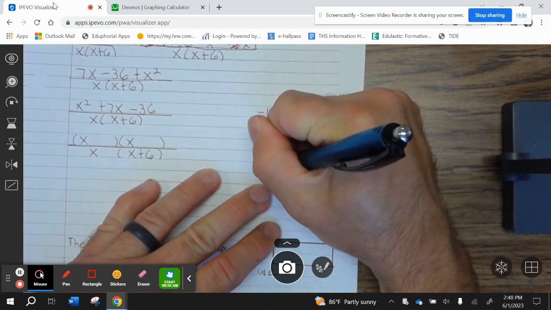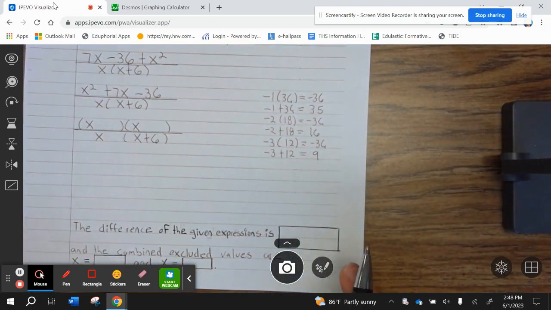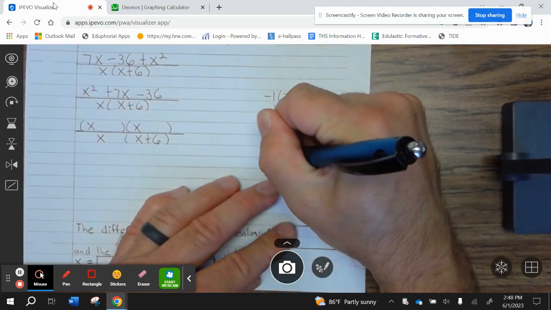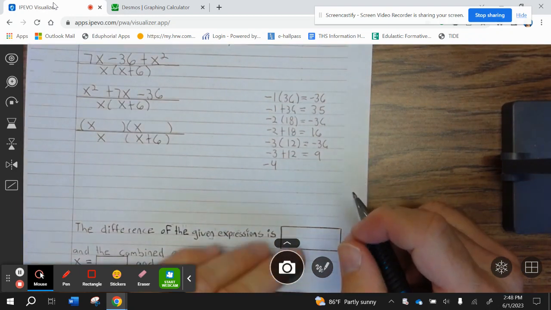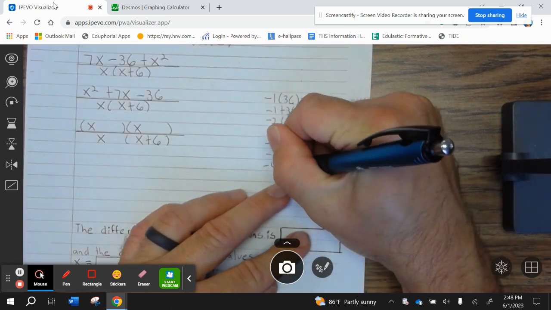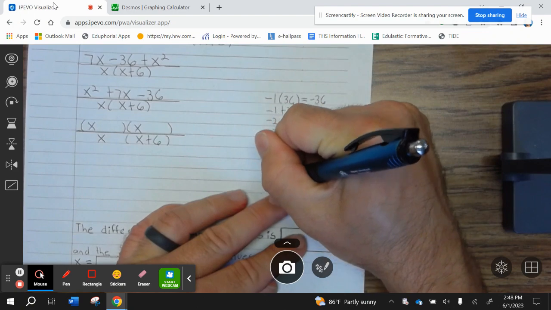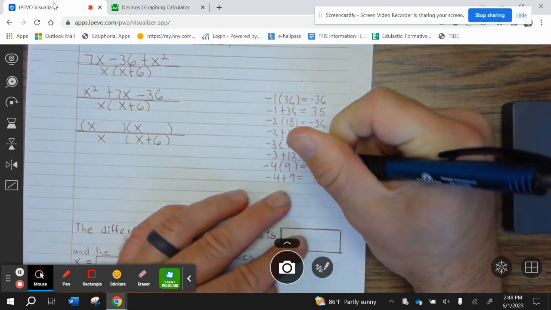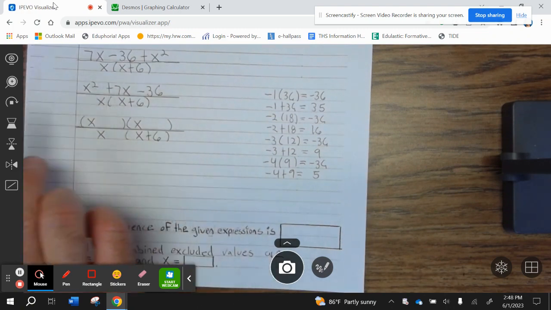Negative 3 plus 12 is 9. We're getting closer to that 7, but we're not there yet. Let's try negative 4. Negative 4 times 9 is negative 36. Negative 4 plus 9 is 5. We've passed the 7, so this isn't factorable.